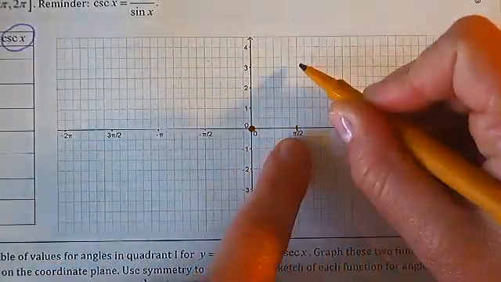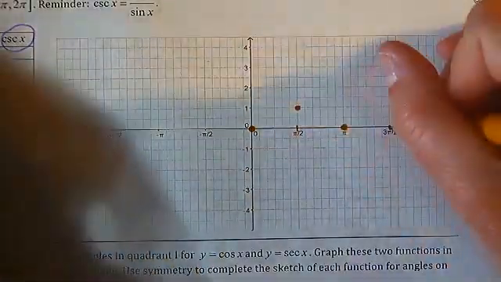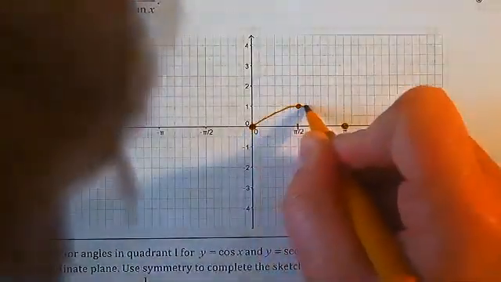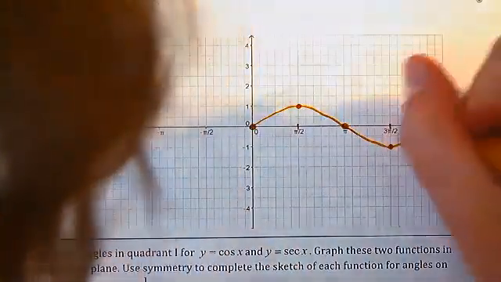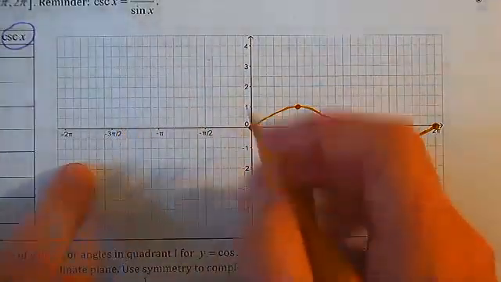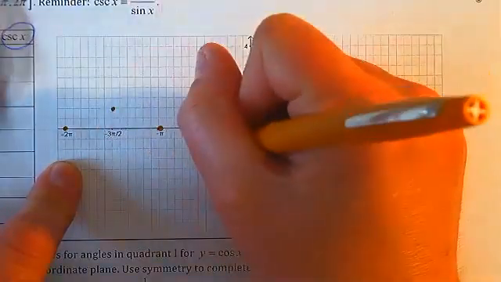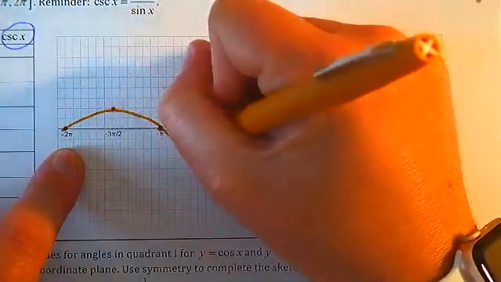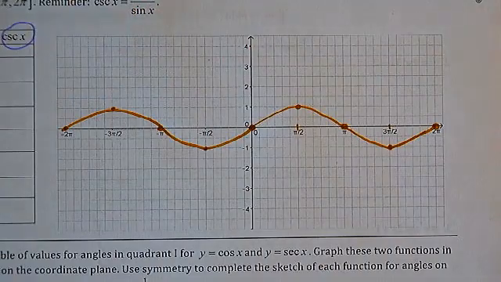And then we go up however much the amplitude is, which on the parent is 1 unit, and then we go down 1 unit. And that is 1 full period for a sine graph, right? And then we can do it on the left as well. Cool, so there's our sine graph.